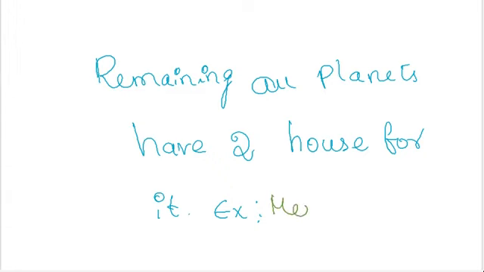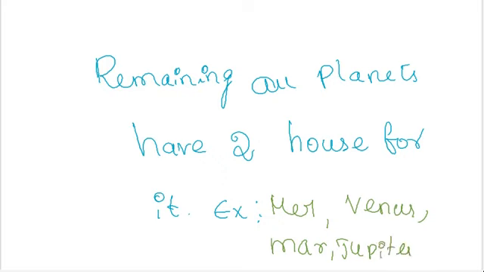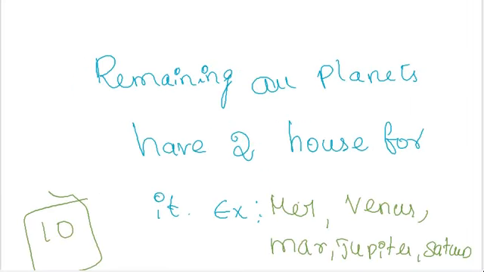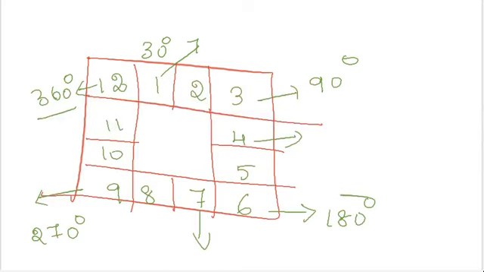First one is Mercury, next one is Venus, next one Mars, next one Jupiter, and the final one is Saturn, isn't it? So 1, 2, 3, 4, 5. 5 into twice, it is 10 houses, and we know these two houses occupies 2. So 10 plus 2, finally we are having 12 houses occupied as we discussed in this chart.